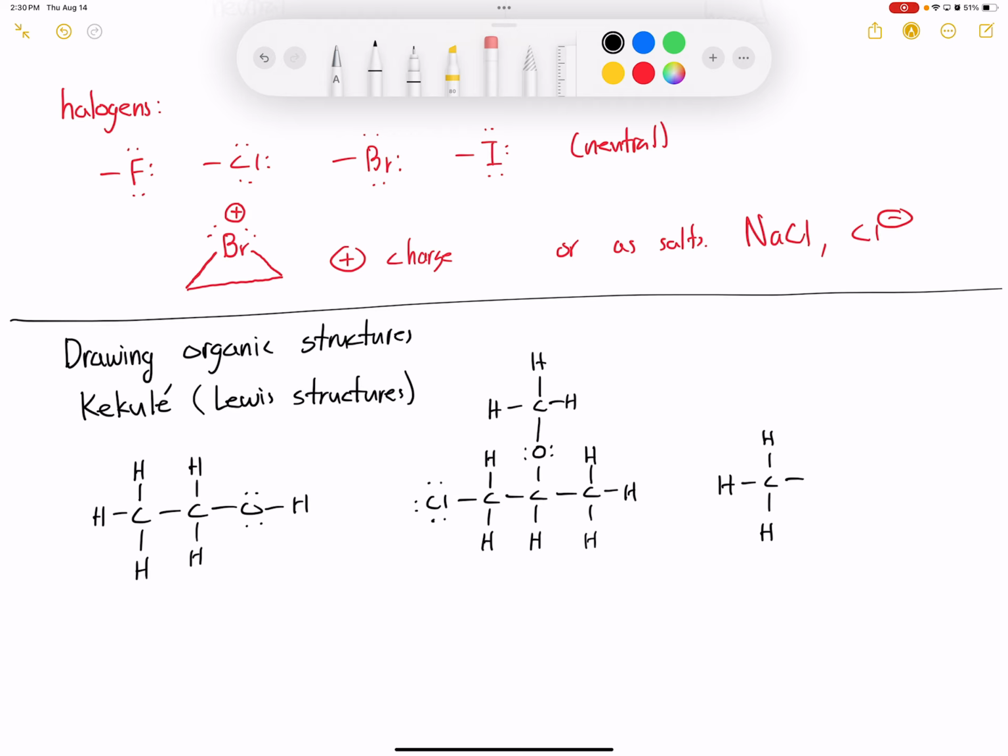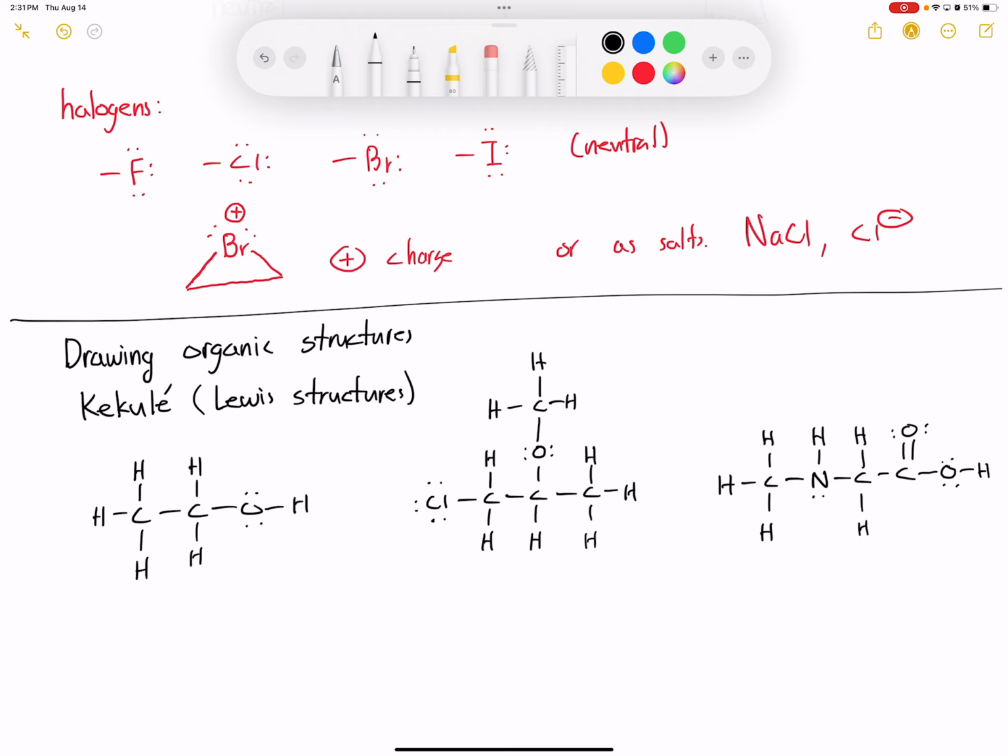This was supposed to be a nitrogen. All right, so this compound right here has both an acid group and an amino group.